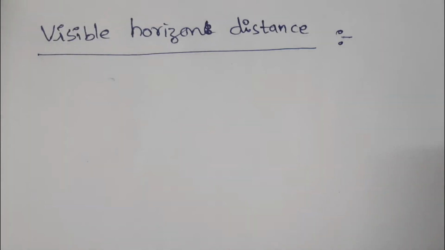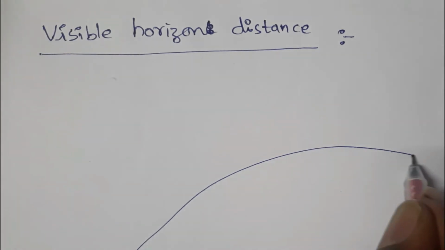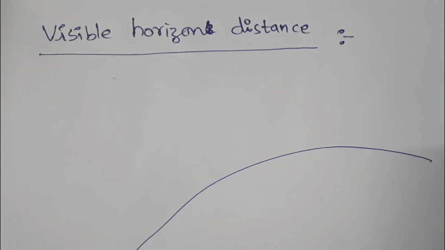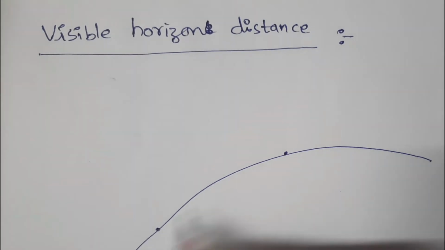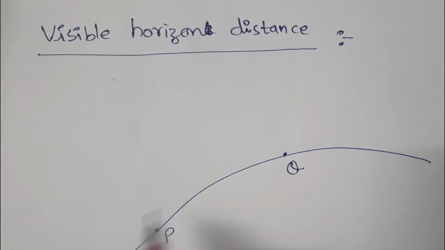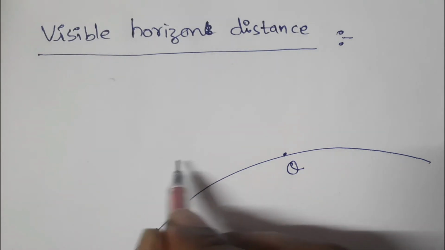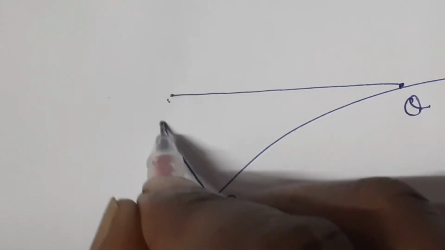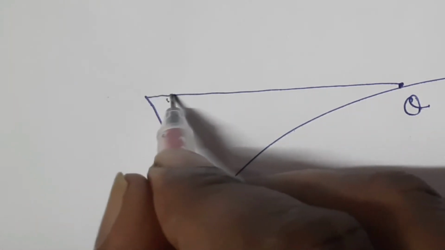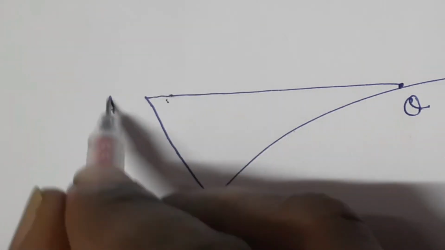Visible horizon distance. Let's draw a level surface. P, Q are the 2 points on the surface. PQR.